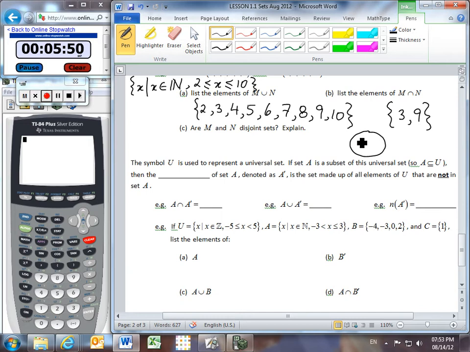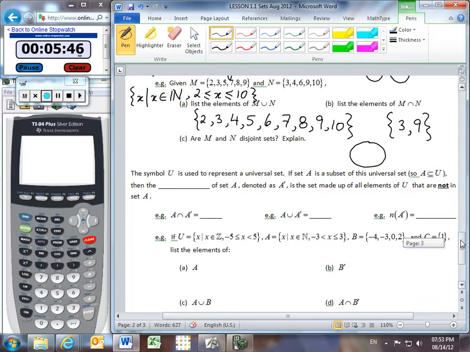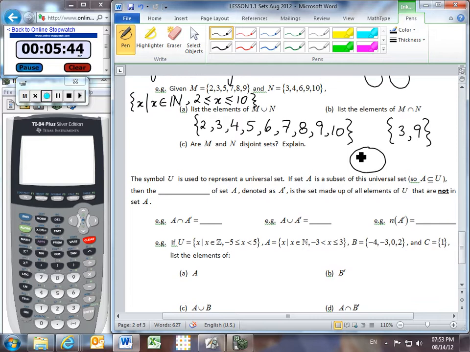Here's set M, which has got the numbers, what did we say? I've forgotten already. 2, 3, 5, 7, 8, 9. So we've got 2, 3, 5, 7, 8, and 9. And then we've also got a set N, which we know is composed of 3, 4, 6, 9, and 10.